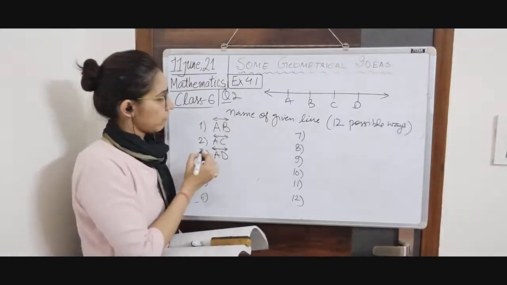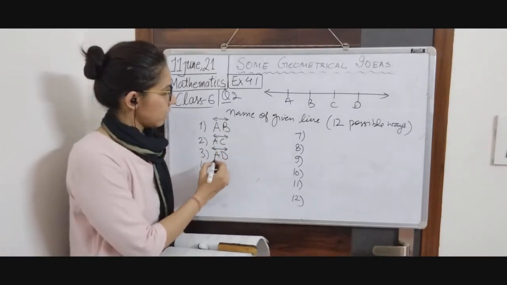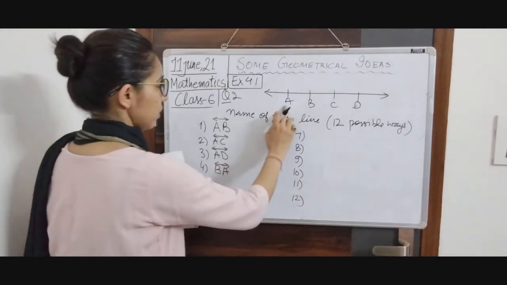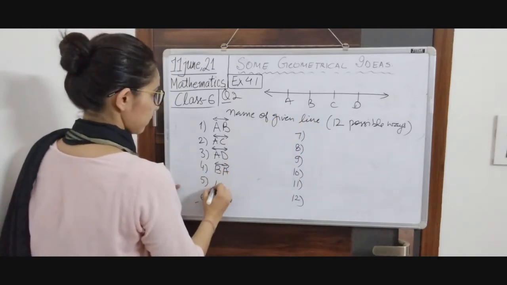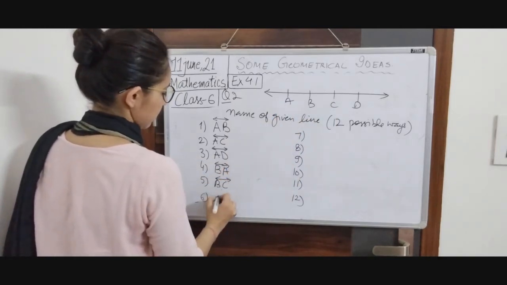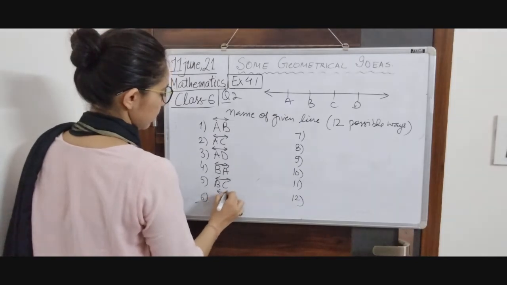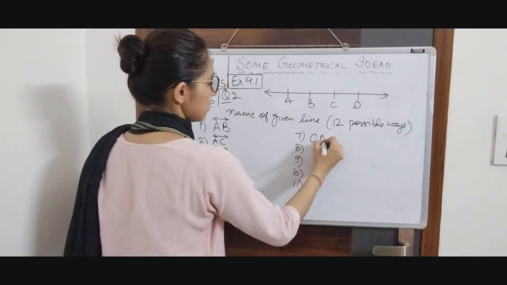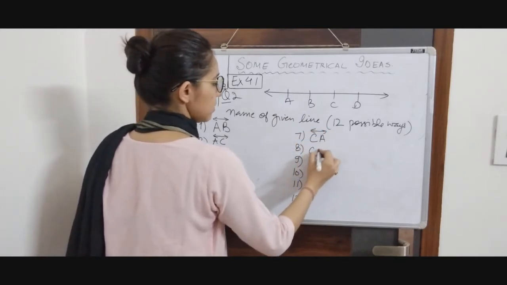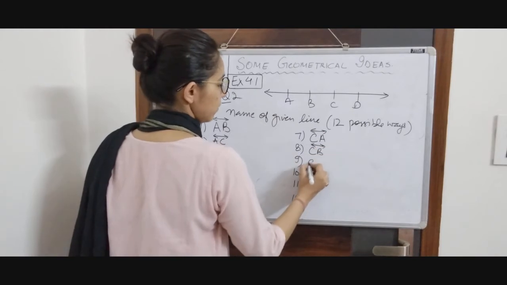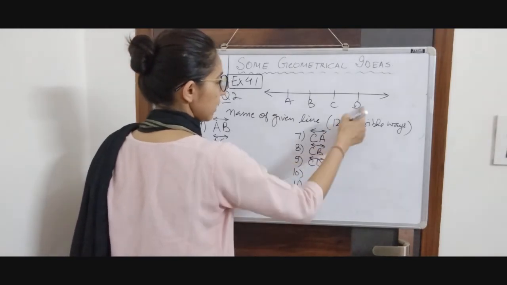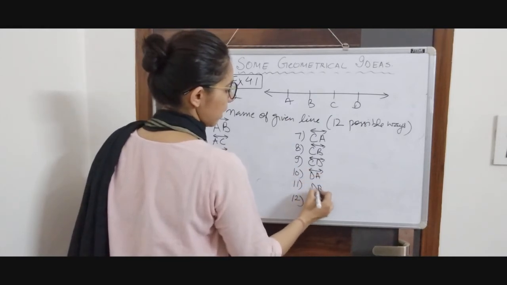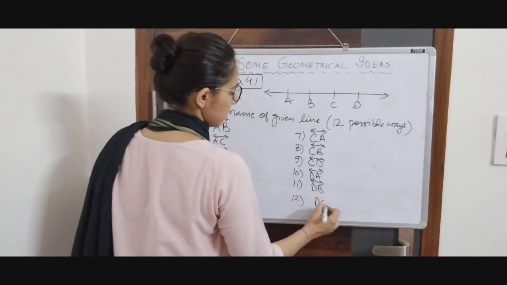Okay, we have done 3. Then BA, BC, BD. Then we start with C: CA, CB, CD. Then DA, DB and DC.